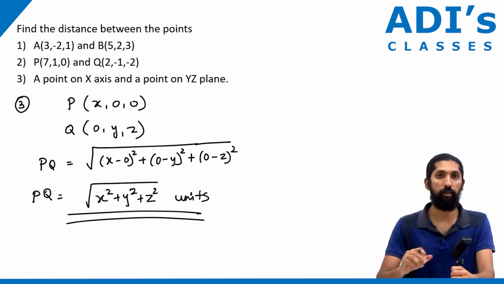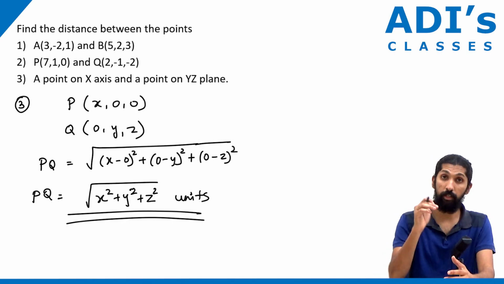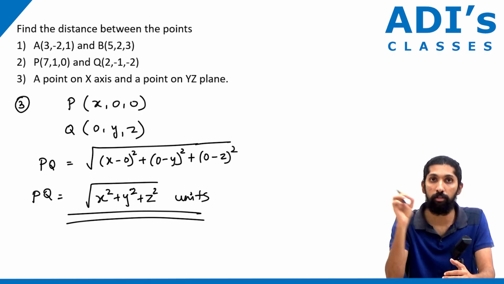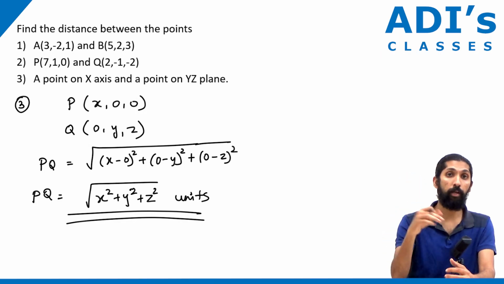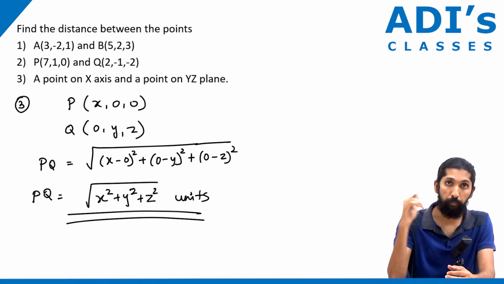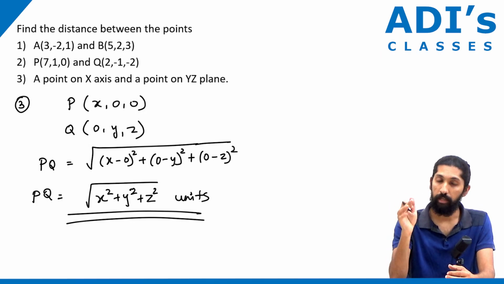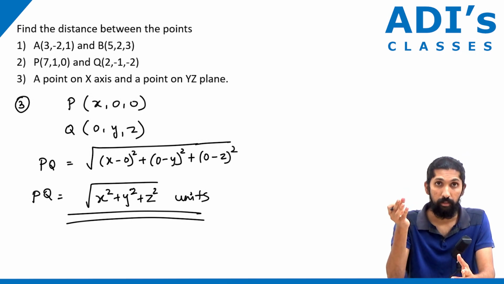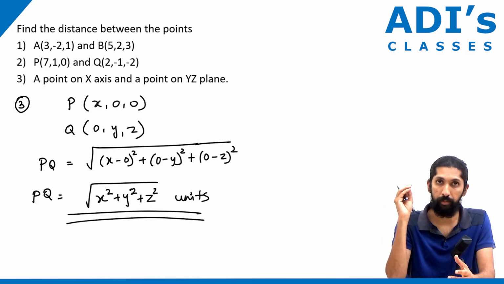This is the answer. Very, very simple. Don't you think this is the same as the distance from the origin to the point x, y, z? Because we have a point on the axis and one in a plane which is perpendicular to this, it's going to be the same distance. Clear? Now I want you guys to visualize this. Try to visualize how it might be.